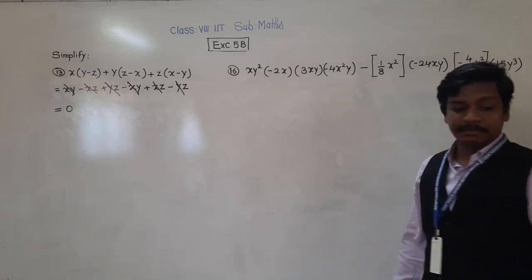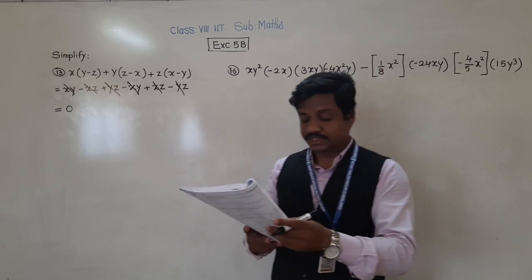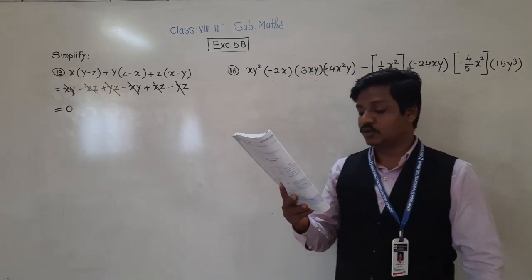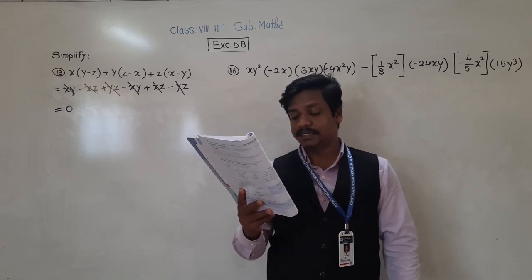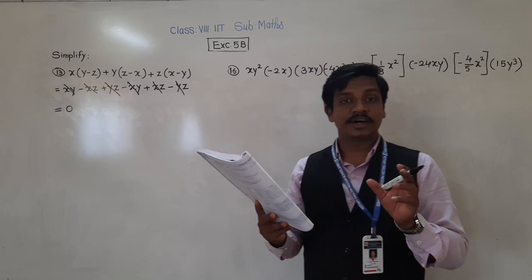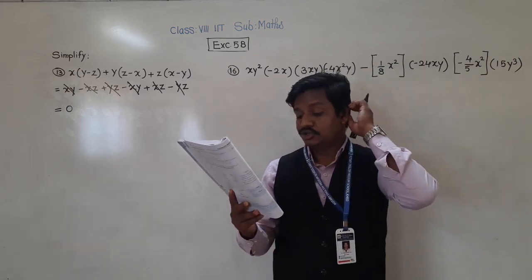See here, in multiple choice, the 15th question. What is the 15th question? The degree of minus 1 by 20 x raised to 4 y raised to 3 multiplied by minus 5 x raised to 7 y raised to 2 is. You have to find the degree of this algebraic expression, polynomial. So you know degree means what?